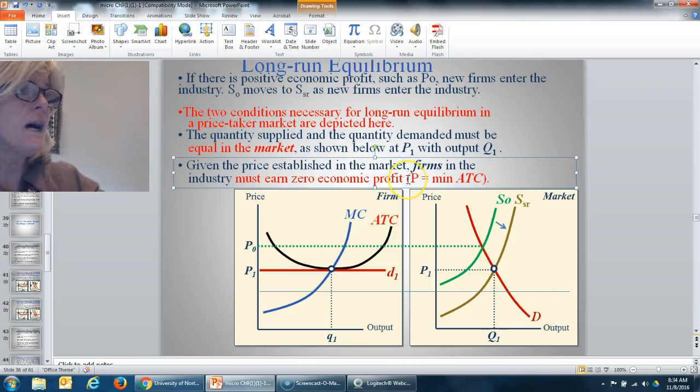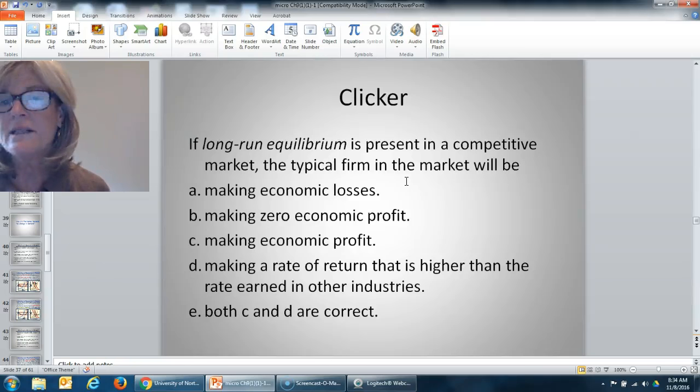So whether you're having positive profits or negative profits, it doesn't matter. You're going to end up there too. If long run equilibrium is present in a competitive market, so now it's telling you it's both the long run and it's a competitive market, you're going to be making zero economic profit. Long run competitive equilibrium.